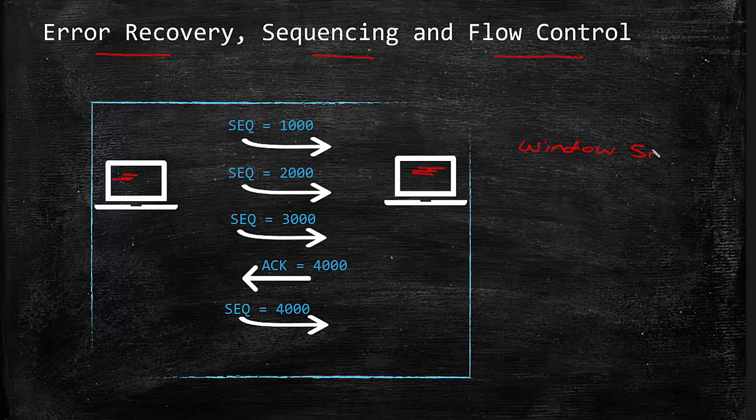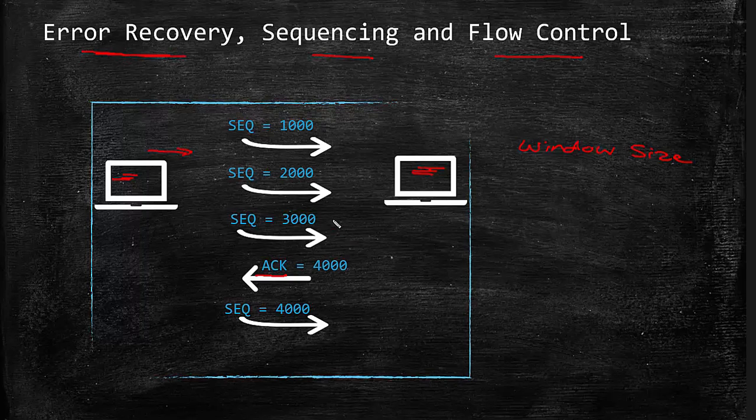And this value is set in the window field of the TCP header. What is it for? Window size is the number of packets or segments that the sender can send without receiving an acknowledgement. Why do we need the acknowledgement? The acknowledgement is for the error recovery process.